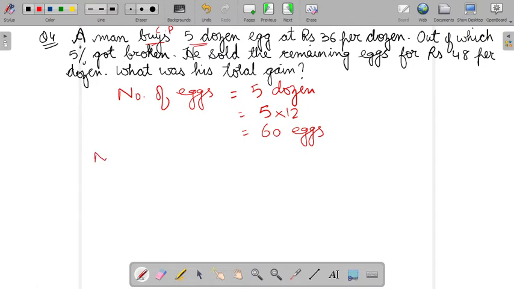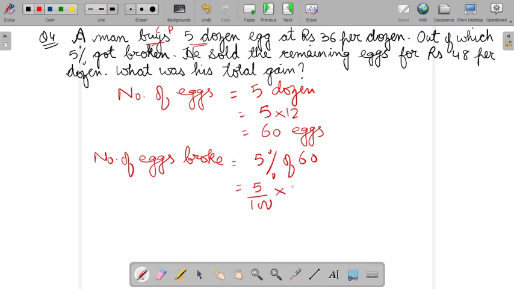So number of eggs broken equals 5%. 5% of what? Of total eggs, 60. So this would be 5 upon 100 multiply 60. Cancel it. So this means 3 eggs got broken.